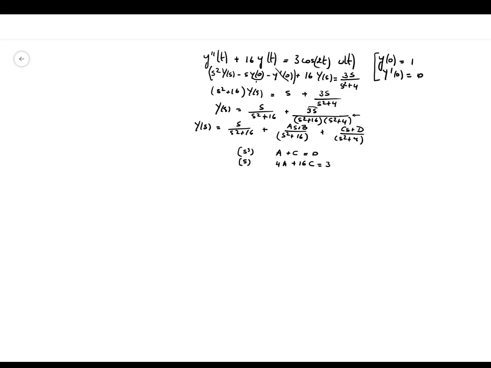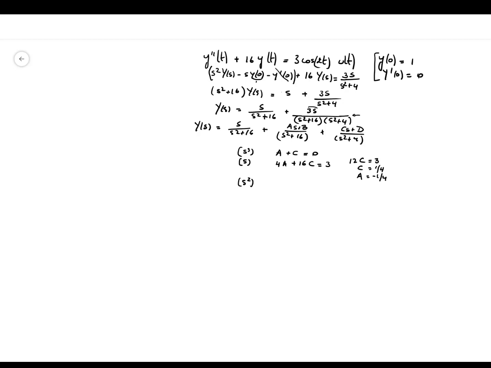So this equation times 4 plus the first one, and we'll have 12c is equal to 3, right? This is c is equal to a quarter, and this means that a is going to be minus a quarter. Now we can have a look at the terms in s squared.